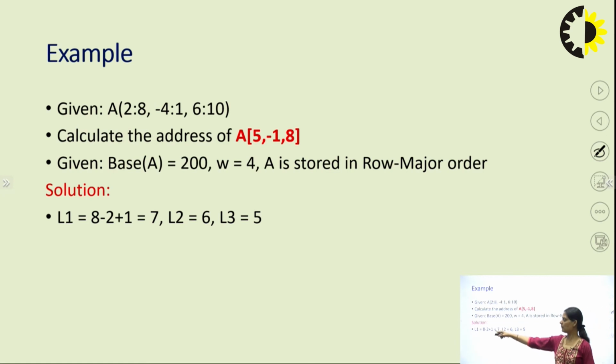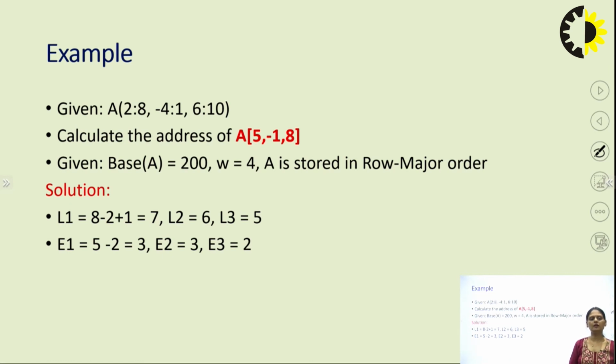So upper bound of the first dimension 8, minus the lower bound of the first dimension 2, plus 1. Similarly, L2 and L3 we can find using the same formula, upper bound minus lower bound plus 1.